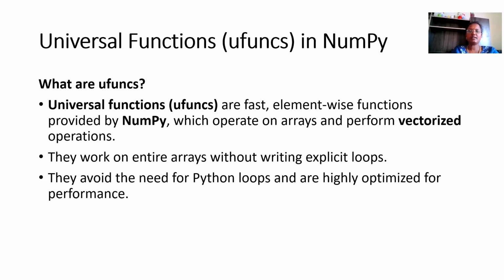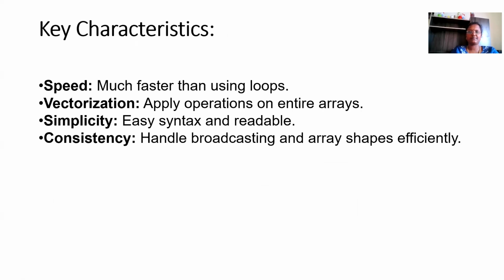Instead of working on a single element, the universal function is applied to entire arrays without writing an explicit loop. That avoids the need for Python loops and is highly optimized for performance.